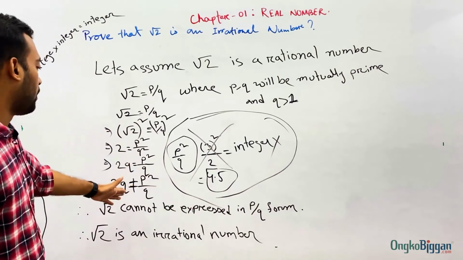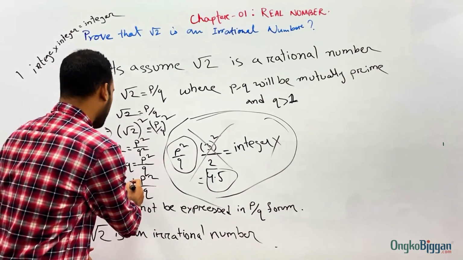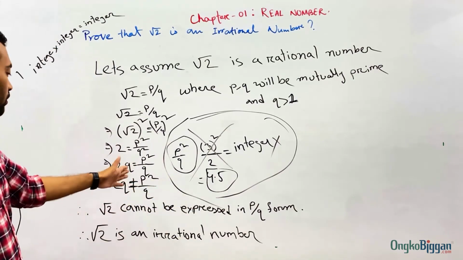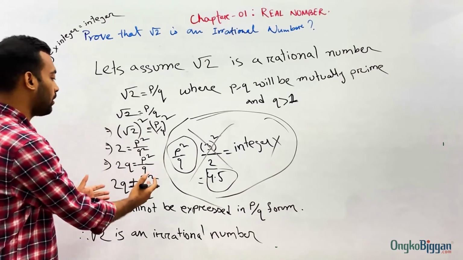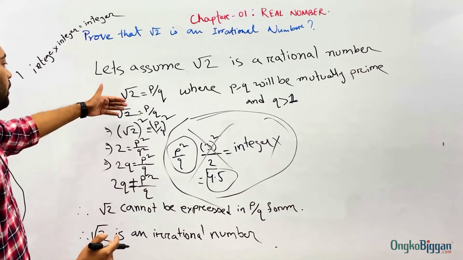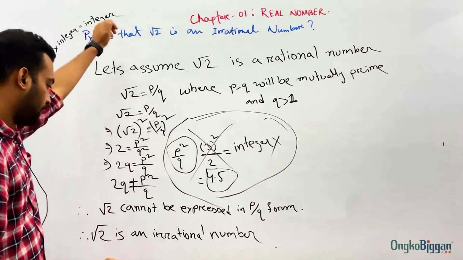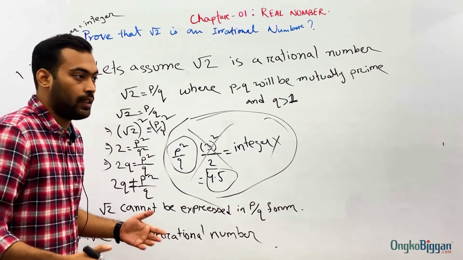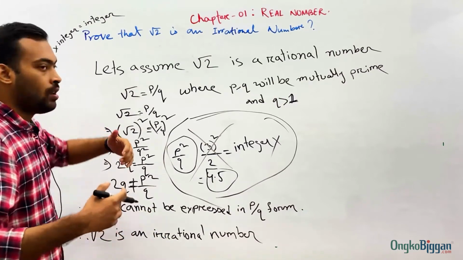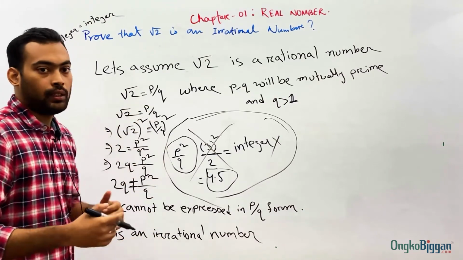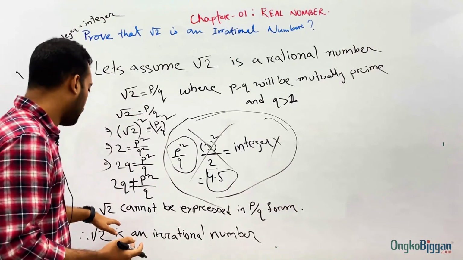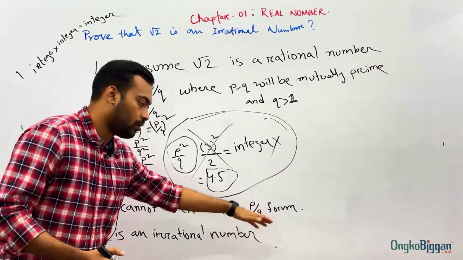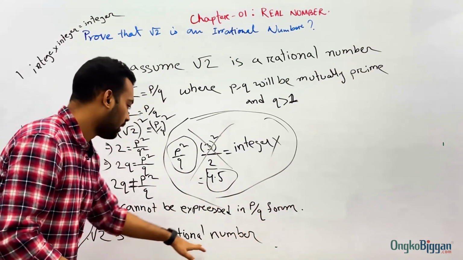So both sides are not equal. If these two sides are not equal, we cannot put it into the form of p by q. So that's why we are saying that this is not a rational number. Any number which we cannot put in p by q format is not a rational number. So root 2 cannot be expressed in p by q form, so it's an irrational number.